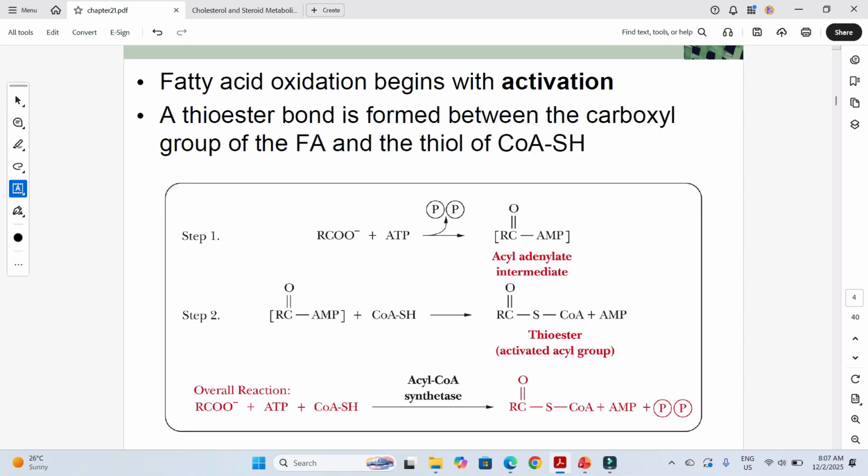So that's going to amount to another phosphoanhydride bond that's going to be hydrolyzed. So how many phosphoanhydride bonds have we cleaved here?